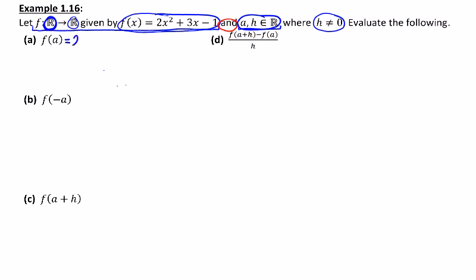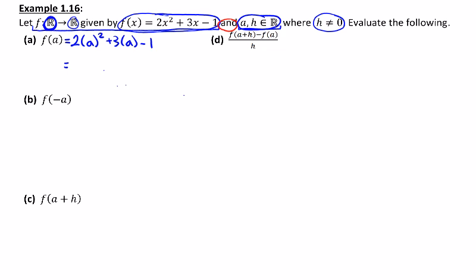So this is going to say 2 times A squared plus 3 times A minus 1. And it looks just like what we would do on example 1.14 or even 1.15, where we would just take a value and substitute it in. So when we simplify, we'll find that there are really not a lot of simplifying things to do.